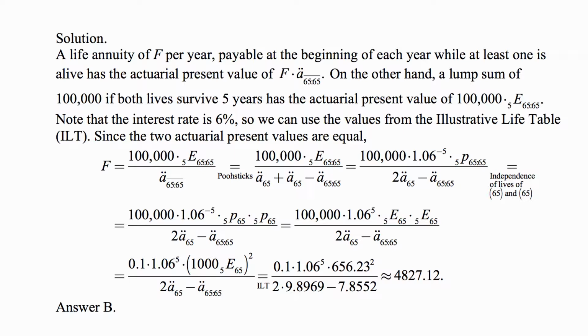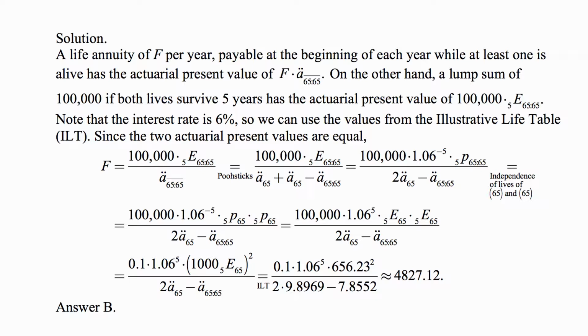However, if you multiply the second probability by, again, the same 1.06 to the negative 5, and then multiply things again by 1.06 to the fifth, then you have the same thing. So that's why we can just write this as 100,000 times 1.06 to the fifth times 5E65 times 5E65. So really 5E65 squared. And what do we have in the table for 5E65? We actually have 1,000 times 5E65. Okay, this 100,000 is 100 times 1,000.